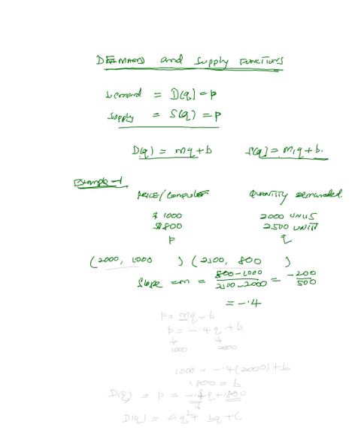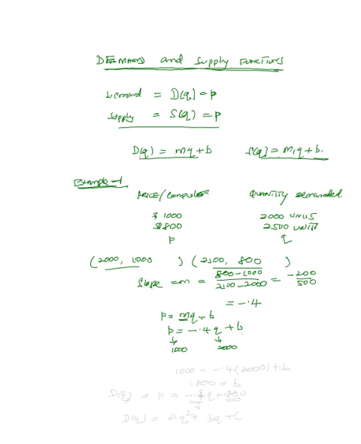Now we can use either the point-slope form or the model that we talked about before, P equals m of Q plus b. We already know the slope, which is negative 0.4, so P becomes negative 0.4 Q plus b. To find b, we could use either one of those ordered pairs. If I use the first ordered pair, which is 2,000 and 1,000, the price will be 1,000 and the quantity will be 2,000.